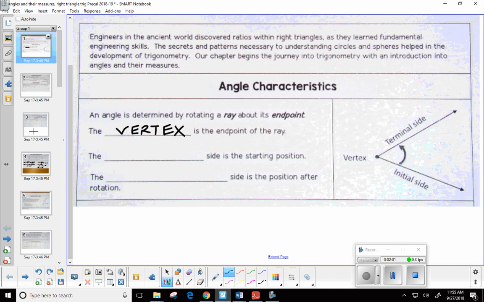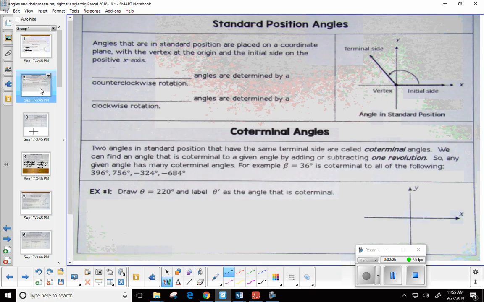The initial side is the starting position, before you begin rotating, whether clockwise or counterclockwise. And then the terminal side is the position after the rotation. This is where it stops. So good.